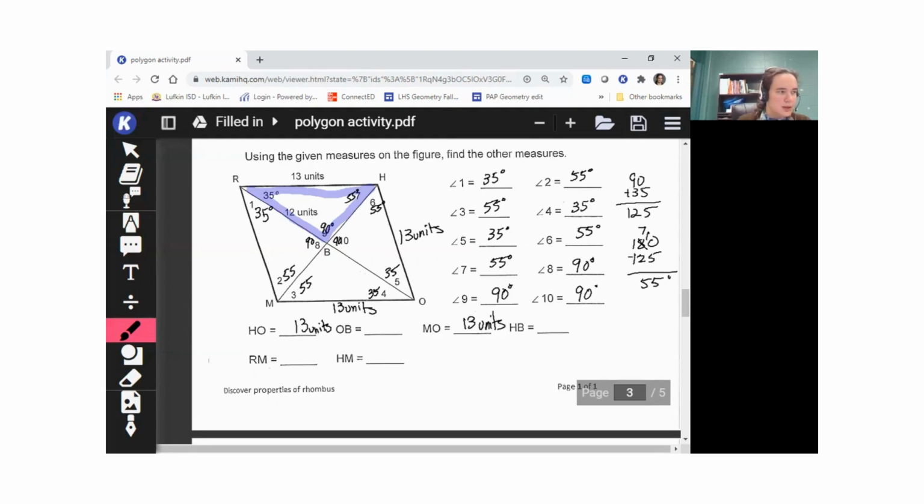And RM is 13 units because those are all sides of this rhombus. We know OB is 12 units because our diagonals cut each other in half.